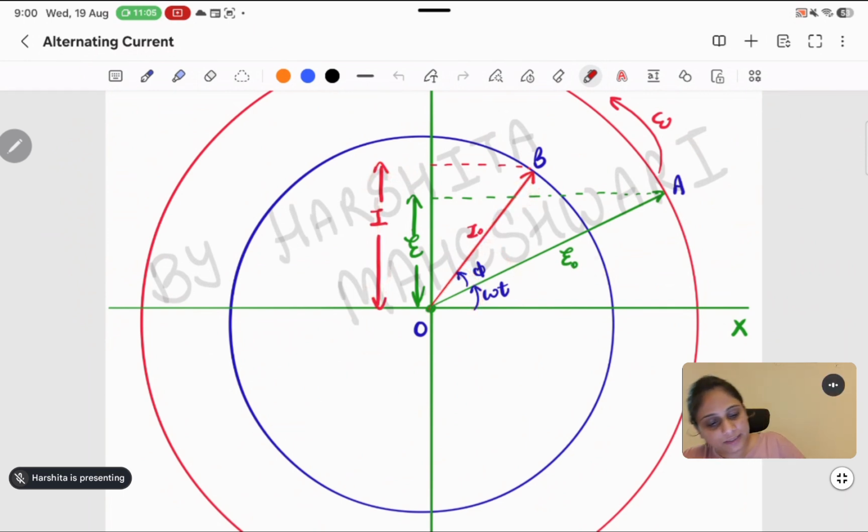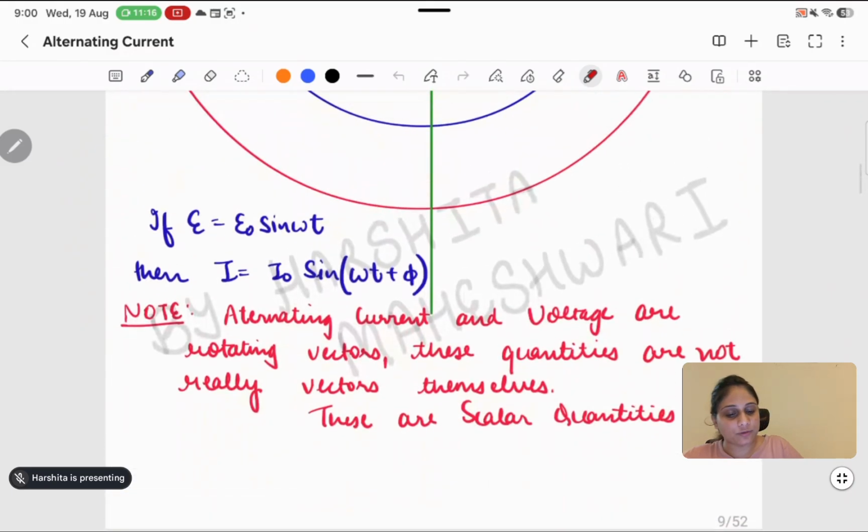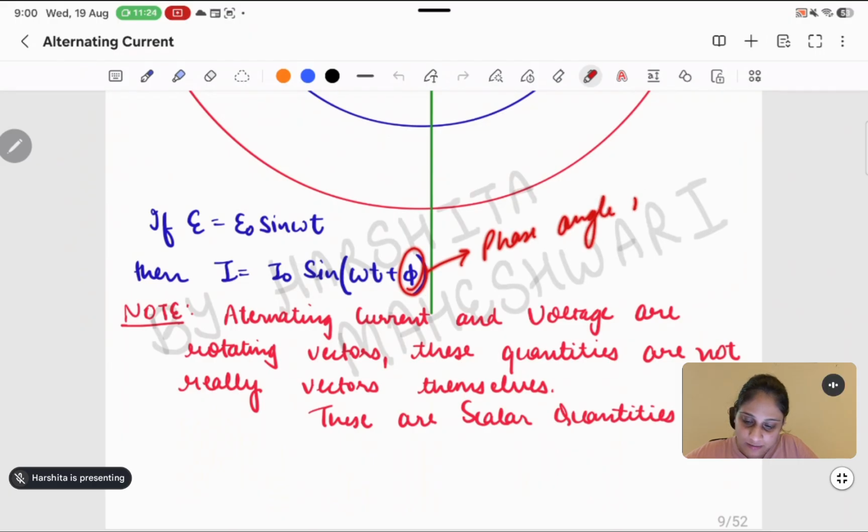So in the vertical direction, it will be I naught sin(omega t plus phi). This is the value of I in the vertical direction. So I wrote it here. Now make sure of one thing, write down: this phi is the phase angle between the EMF and the current value.